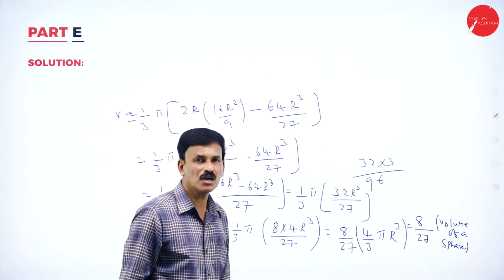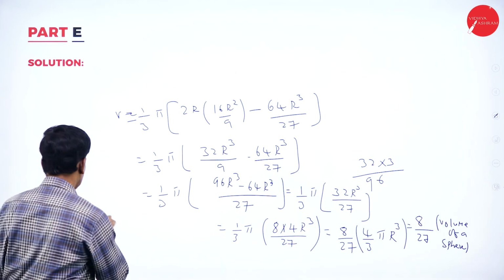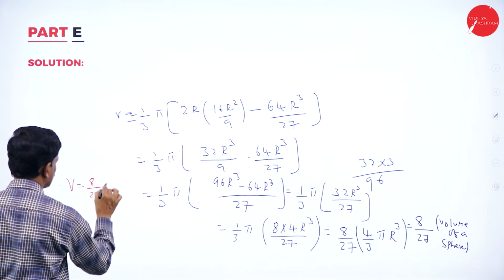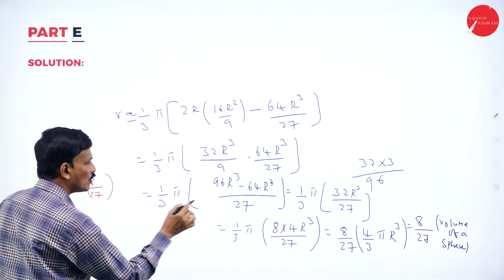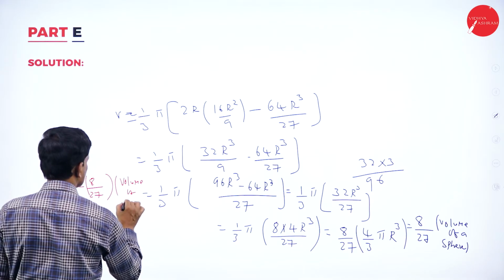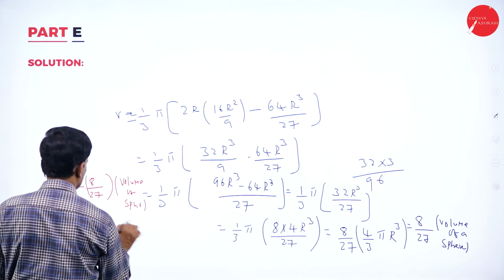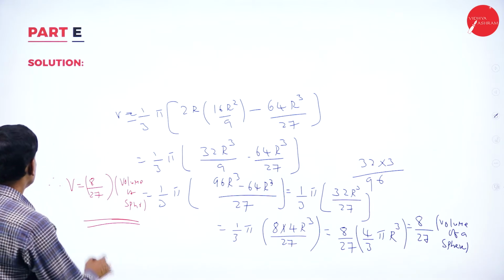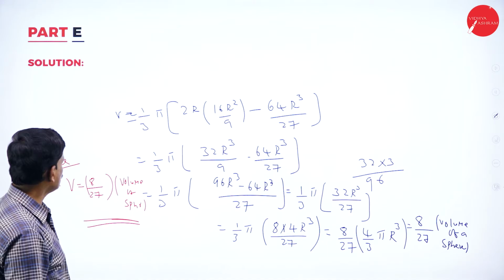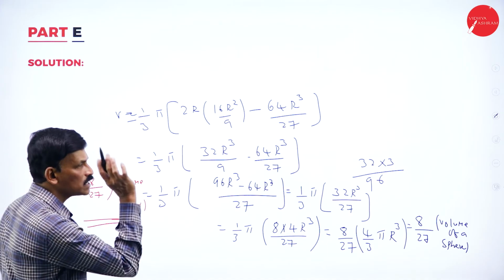What is the conclusion now? Therefore, V is equal to 8 by 27 times the volume of sphere. So the volume of a cone is equal to 8 by 27 times the volume of a sphere.